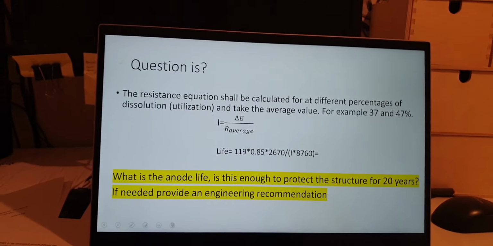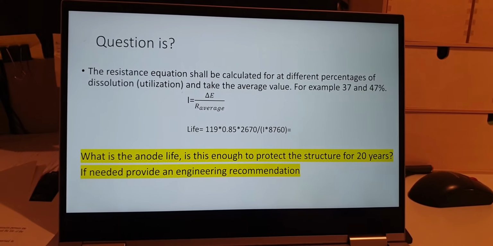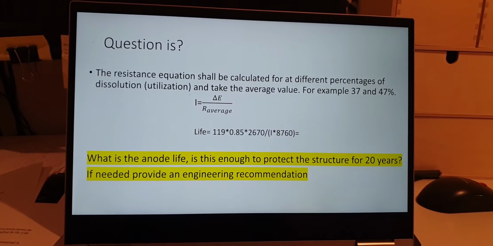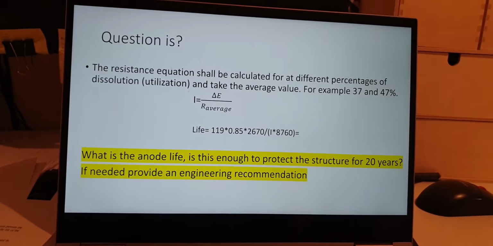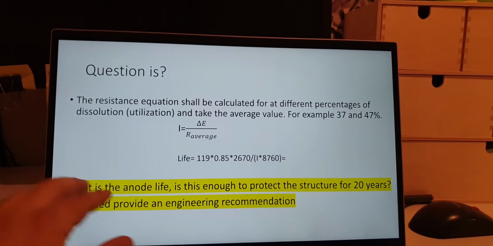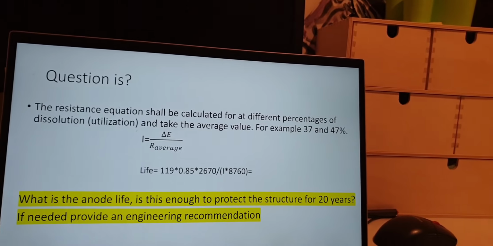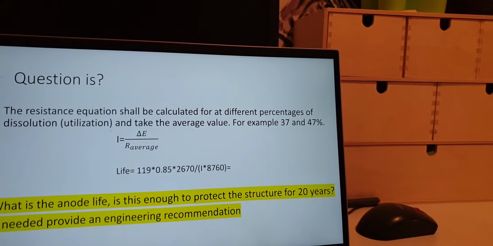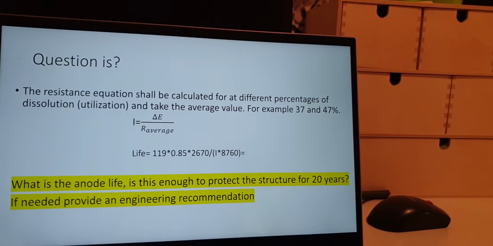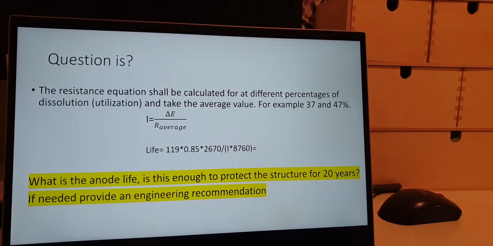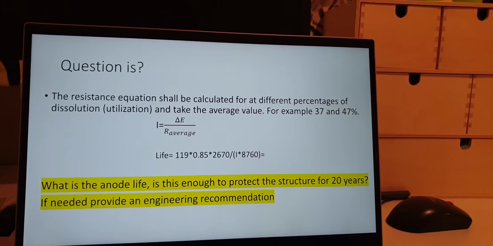What is the life of the anode? And the task, basically, is your engineering thinking. What is the anode life? That's the first question. You need to answer that. And is this enough to protect the structure for 20 years? Do we need one anode, or do we need two anodes to protect the structure? If needed, provide an engineering recommendation.